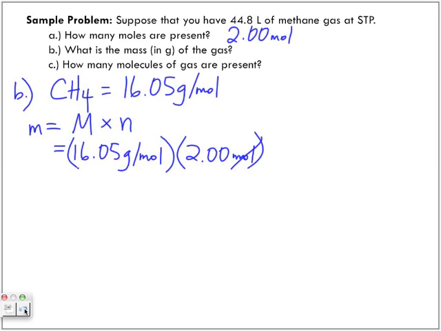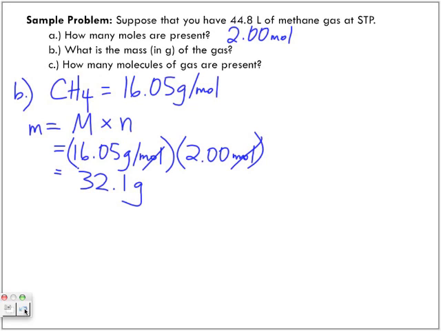Notice moles cancel out, and I'm left with 32.1 grams. So we still keep it to 3 significant digits, even though that question had no additional numbers to change. We're keeping the 3 significant digits going.